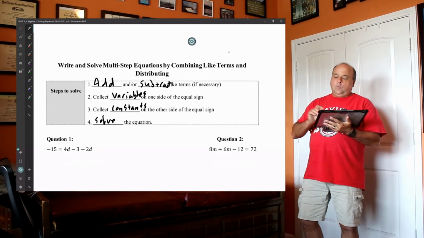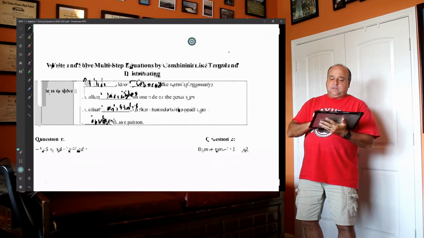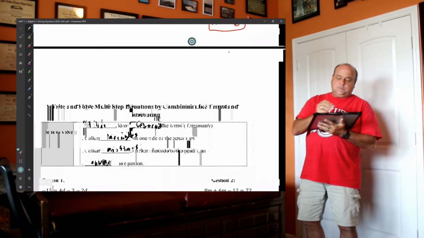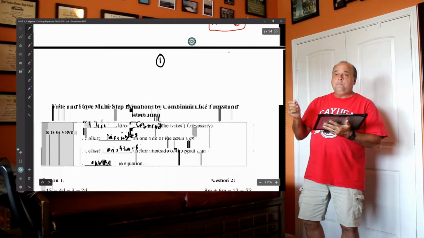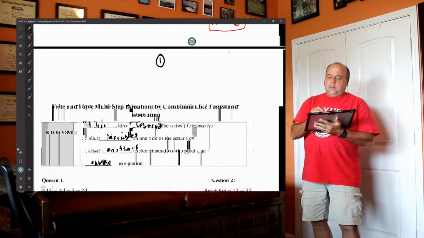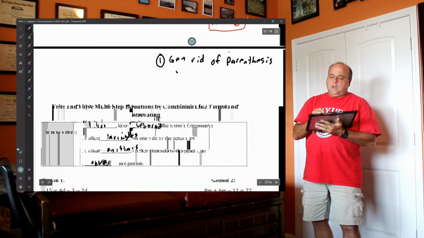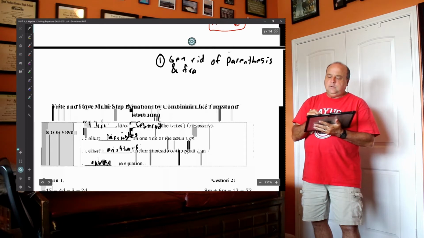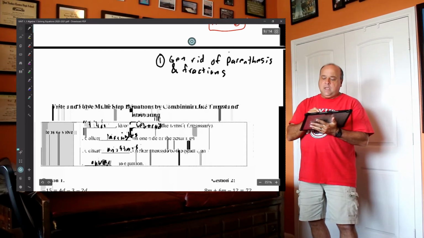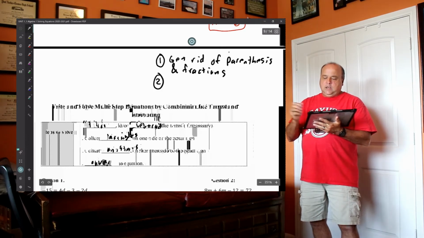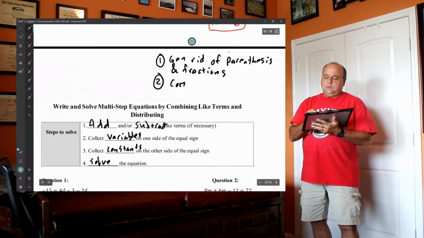So what we're going to do, I'm going to give you some different steps here. Step 1 is you want to get rid of parentheses and fractions. So right off the bat, we want to get rid of the parentheses and the fractions. Step 2 is you're going to combine the variables.